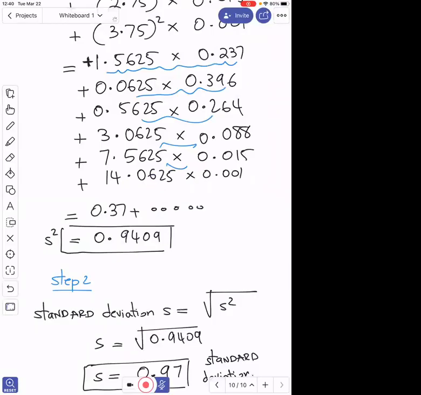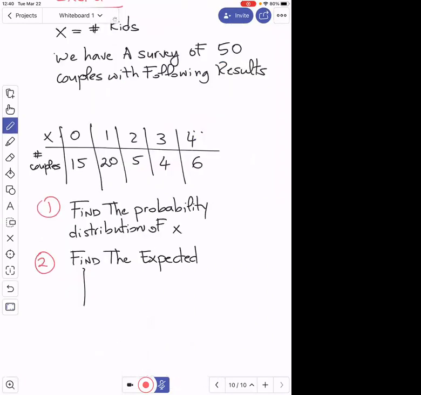So find the expected number of kids of a randomly selected couple.